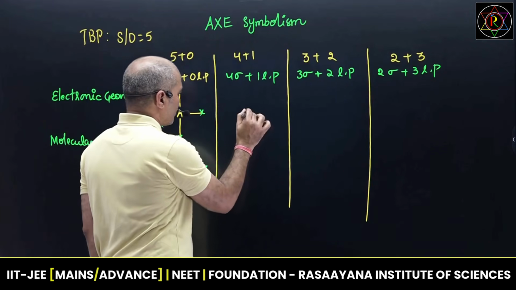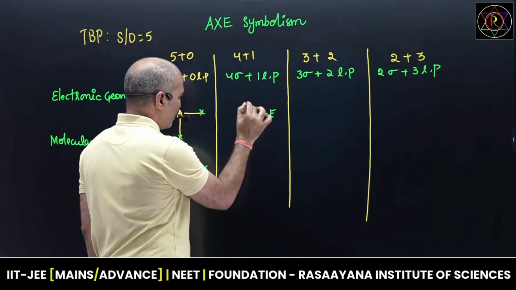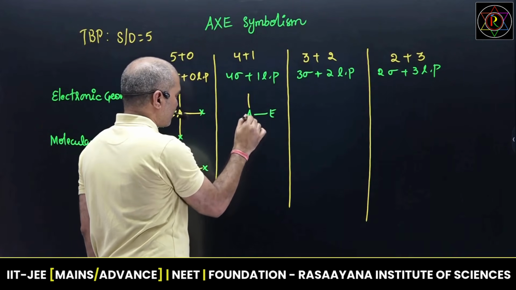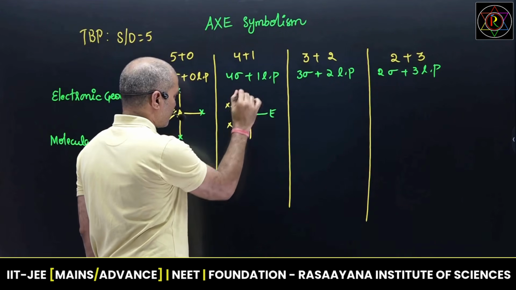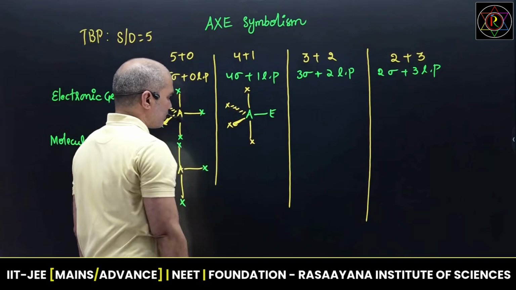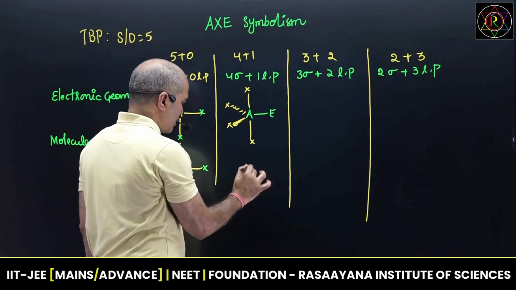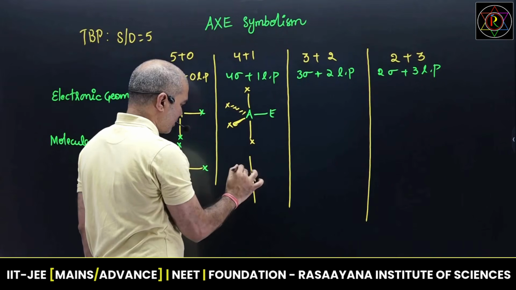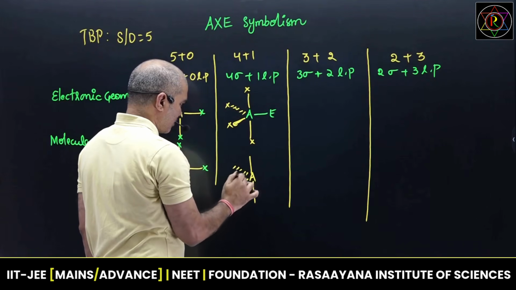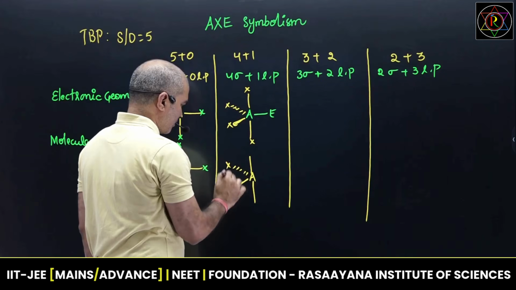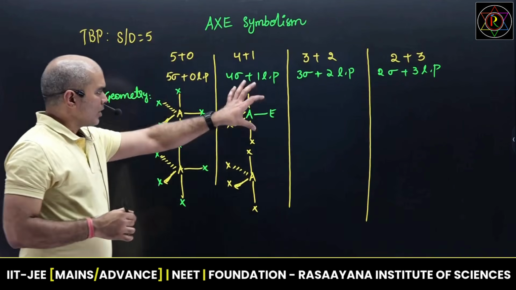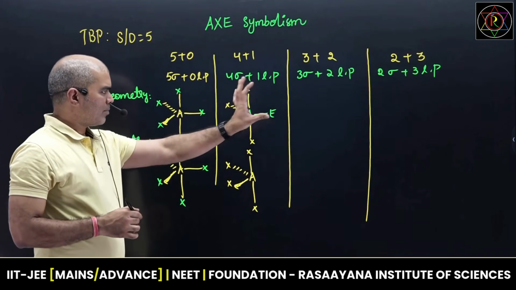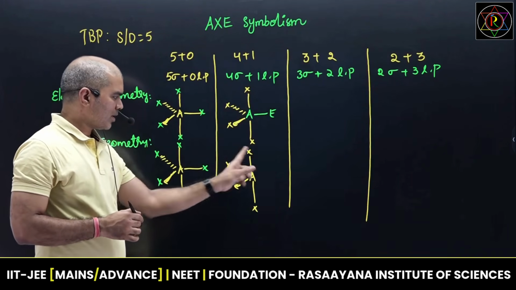So here I put 1 E. Later on, the others are X. Now in this case, put only X. So the electronic geometry still remains the same, trigonal bipyramidal, but this is not looking like trigonal bipyramidal.